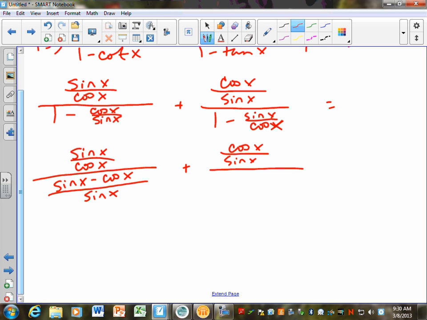Again, you have to start recognizing when to do a common denominator. Anytime you see two separate fractions, probably you want to get a common denominator. But this one's going to be cosine of x minus sine of x all over cosine of x.